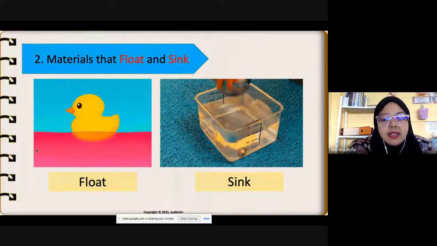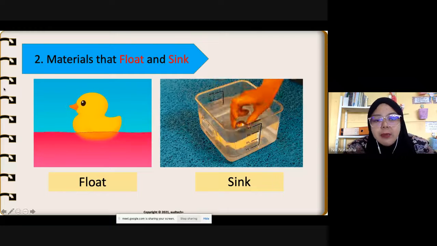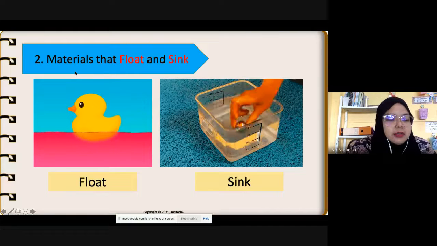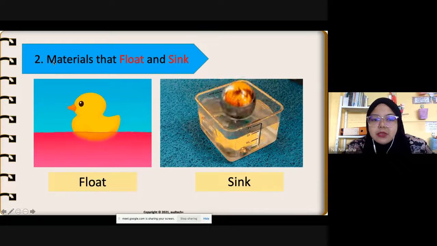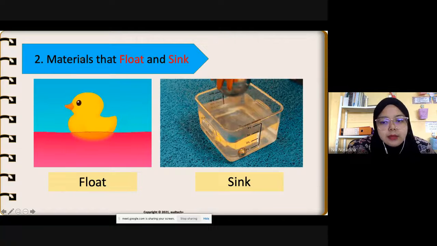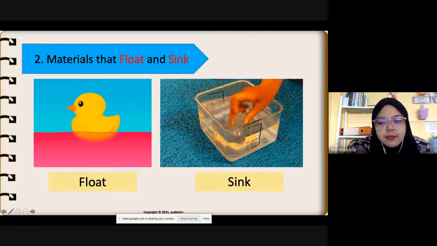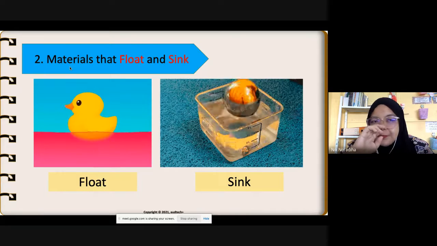Next one, Afia Wafa. Can you help teacher read number 2? Just read only. Teacher didn't ask you to answer any question. It's okay if you don't want to answer.